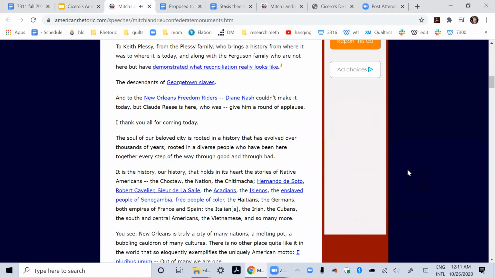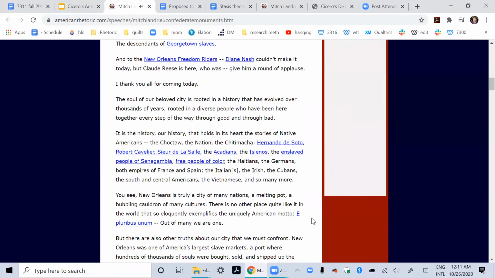It is the history, our history, that holds in its heart the stories of Native Americans, the Choctaw, the Houma, the Chitimacha, Hernando de Soto, Robert Cavelier, Sieur de La Salle, the Acadians, the Isleños, the enslaved people of Senegambia, free people of color, the Haitians, the Germans, both empires of France and Spain, the Italian, the Irish, the Cubans, the South and Central Americans, the Vietnamese, and so many more.